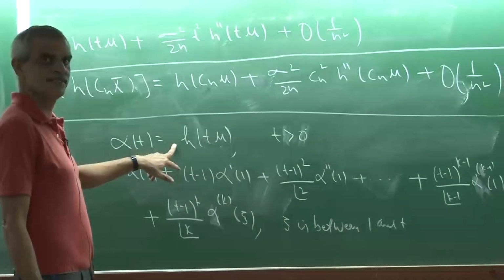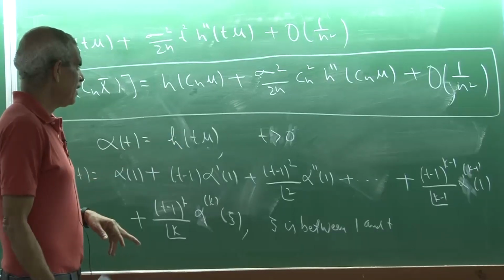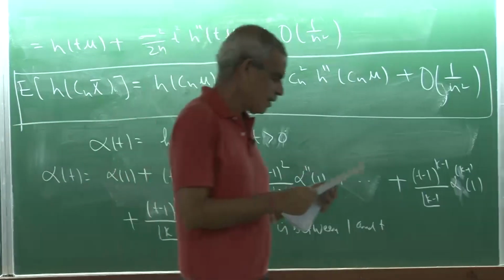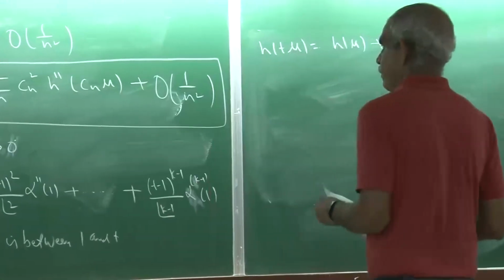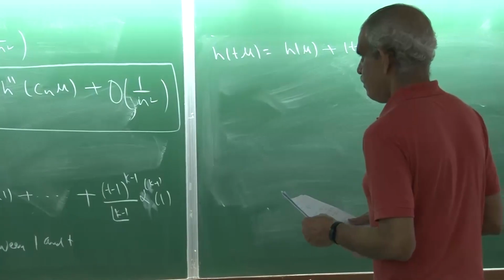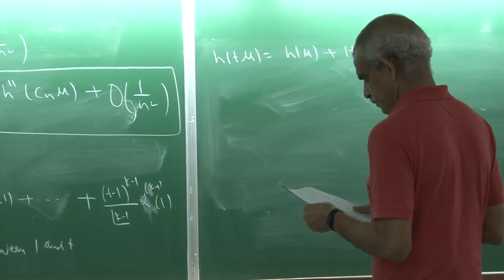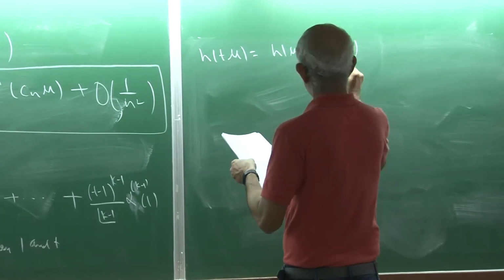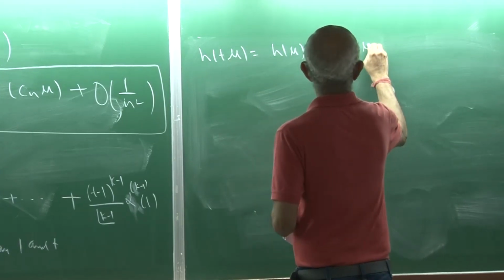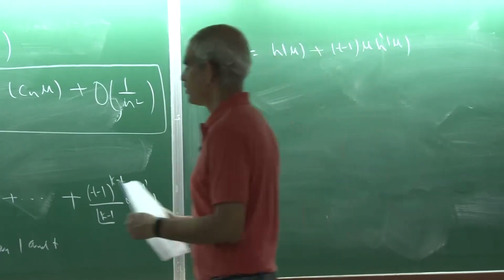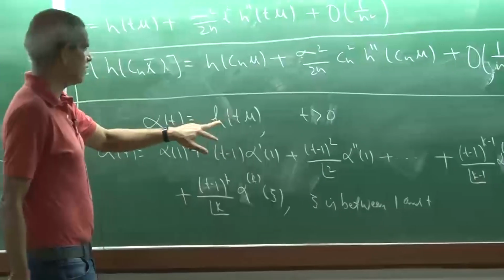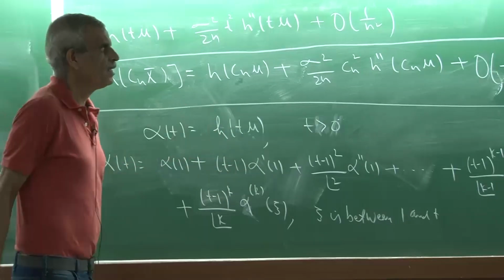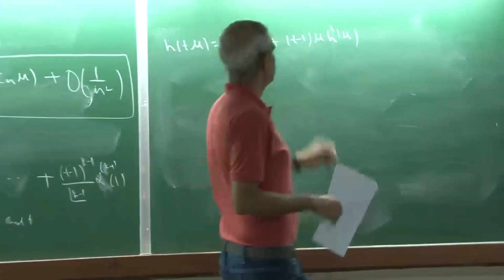Alpha prime is nothing but mu times h prime t mu, and at t equal to 1 it would be mu times h prime mu. So t minus 1 mu times h prime mu, right? This is what it comes to.